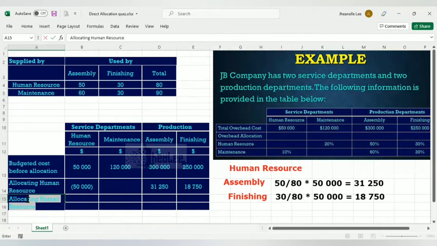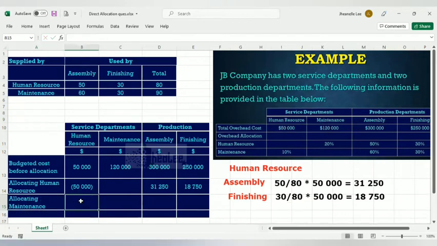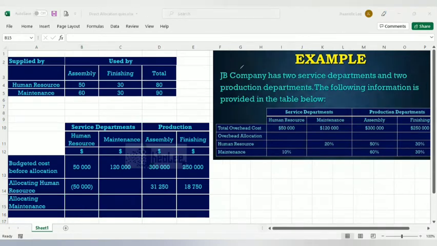Now that we have that, we can then move into allocating the maintenance service cost. Now, the maintenance, we have to do our calculation like we did for the human resource. So we're going to take that same approach, but we're picking up the information as it relates to the maintenance.